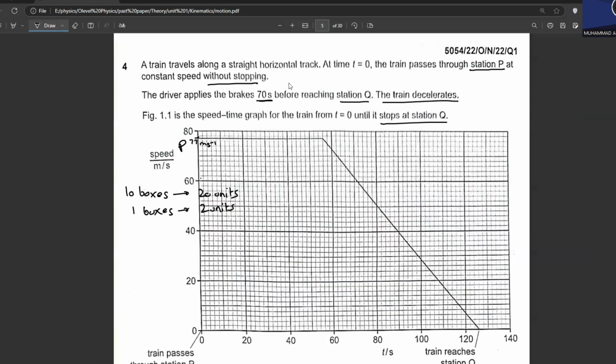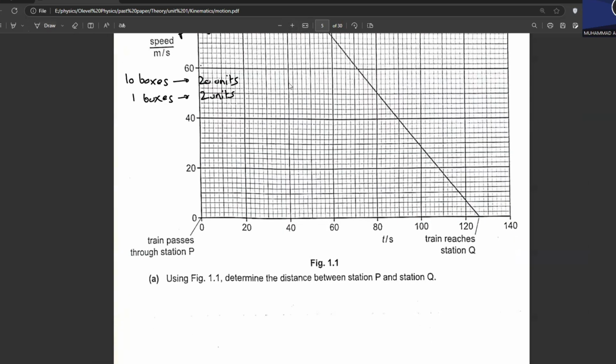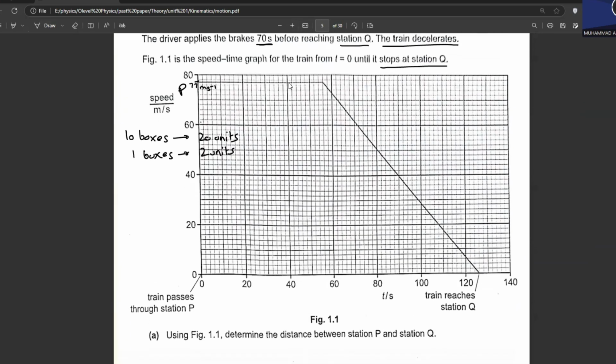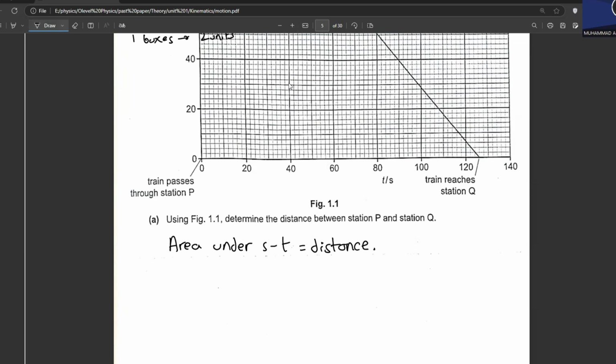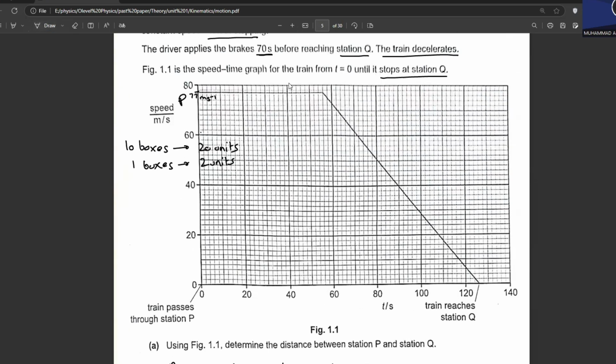Let's move ahead. Use figure 1.1 to determine the distance between station P and Q. Very easy. You have just studied that the area under the speed-time graph is equal to distance. This area is a trapezium.